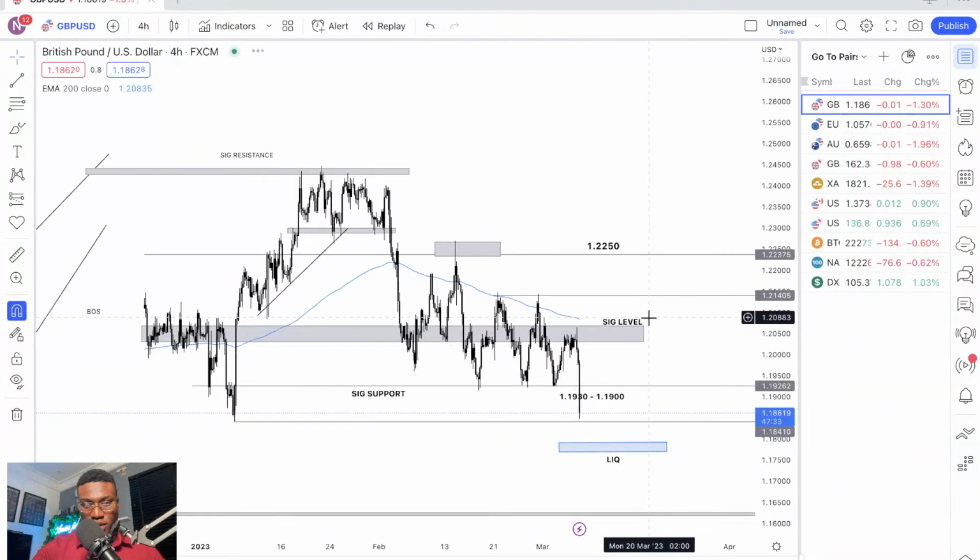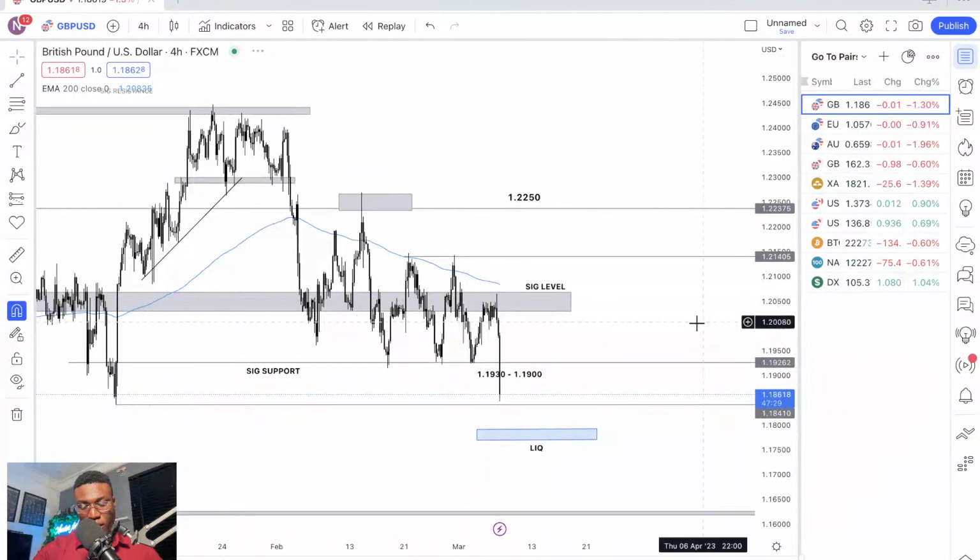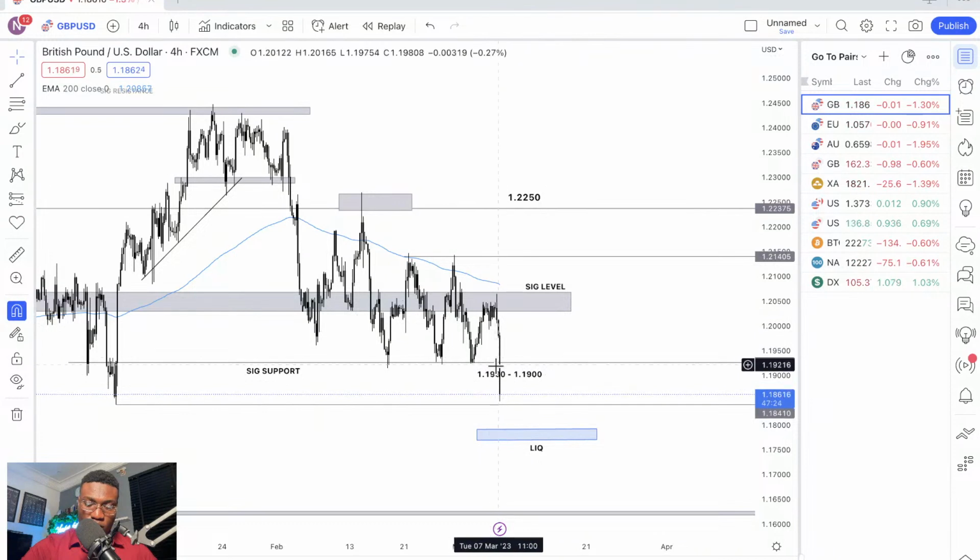Let's just zoom out from this a little bit. Okay, so the most recent thing that's happened in the GBPUSD market is that we've broken below this key level, and this level has served as a support for the pound dollar market since the start of February, or we can even trace it way back to January this year.